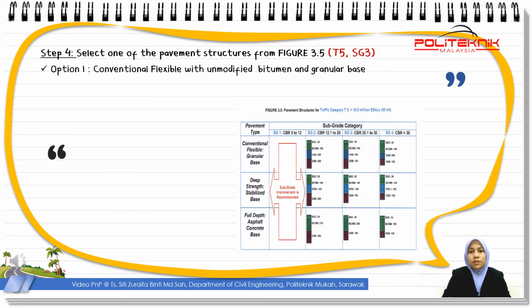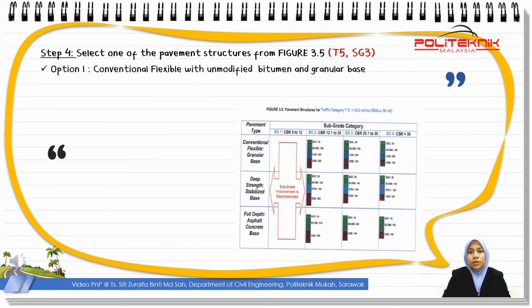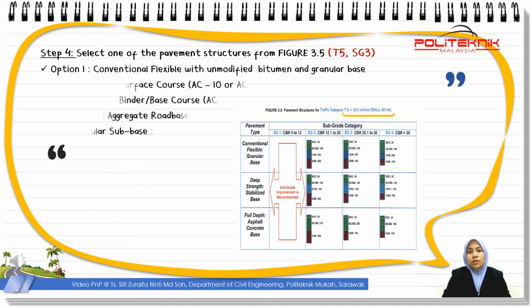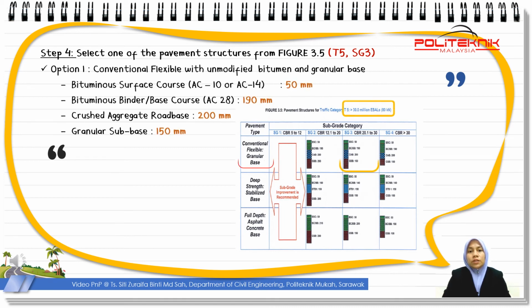Step 4. Select one of the pavement structures from figure 3.5 based on T5 and SG3 that you got before. For option 1, you choose conventional flexible with unmodified bitumen and granular base, so the layer for bituminous surface course AC10 and AC14 is 50 mm.